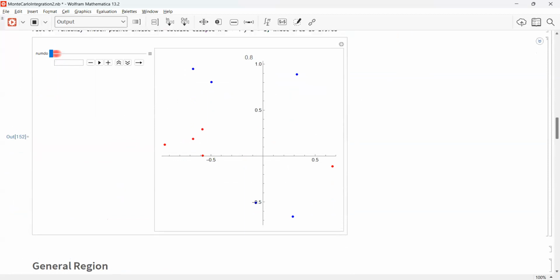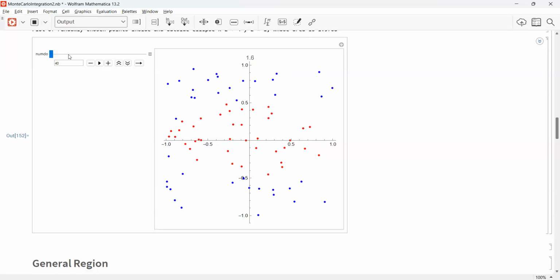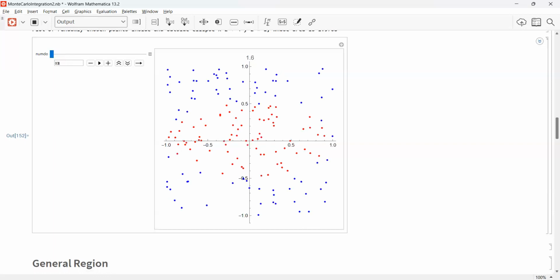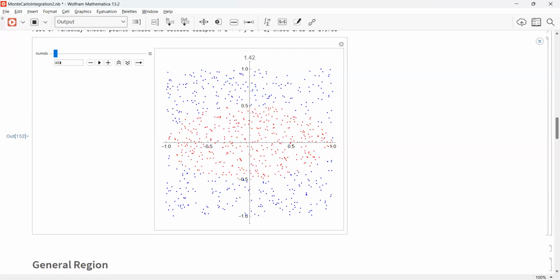I'll do some more points, and it's 0.8. And so still nothing. Still nothing. Any thoughts? An ellipse. Excellent.